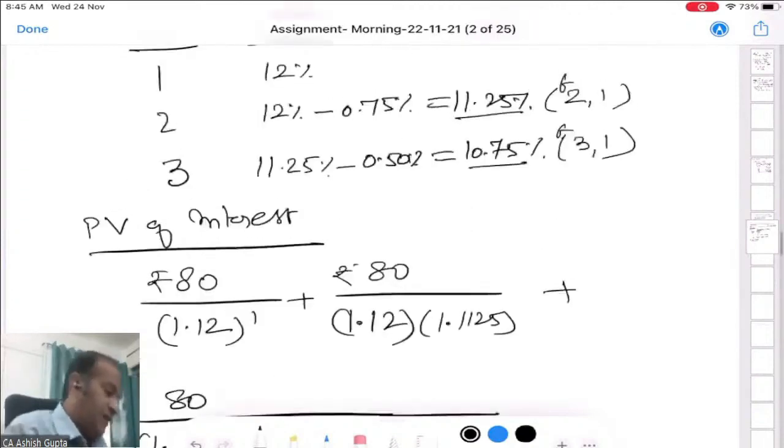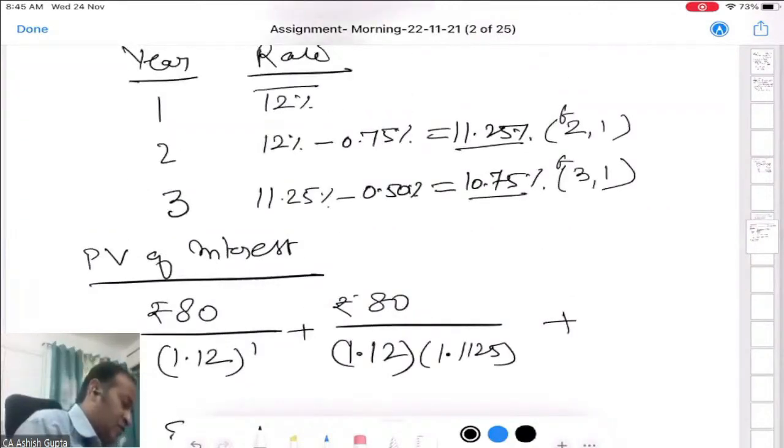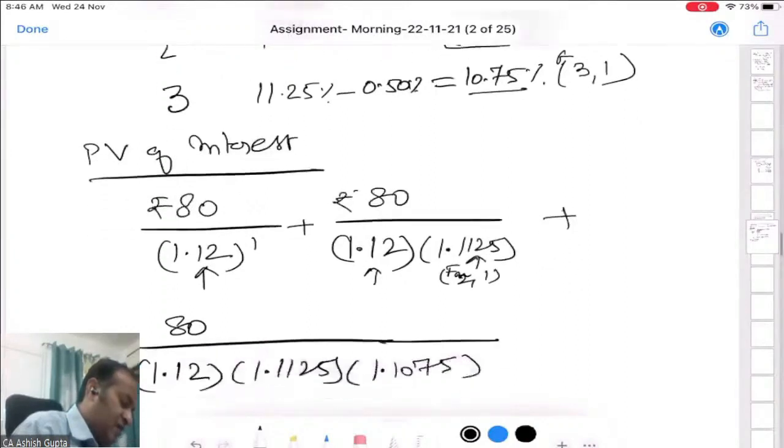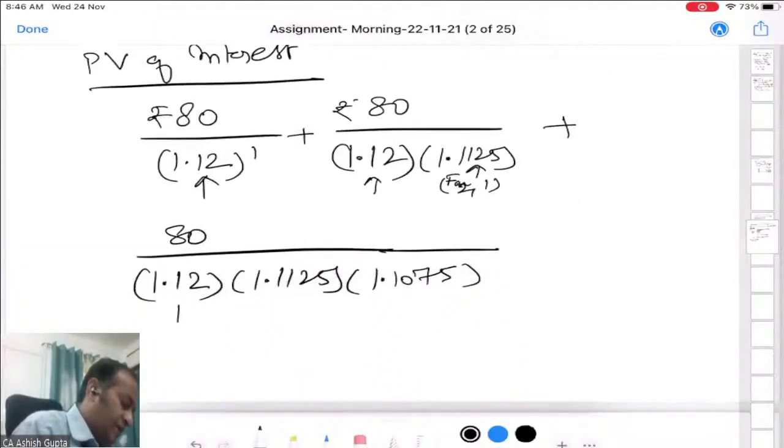So now students, see here, this is 12%. Here this rate is 11.25. So for the first year, it is FN, this is the F21 forward rate. It is the same. Now this is F31.